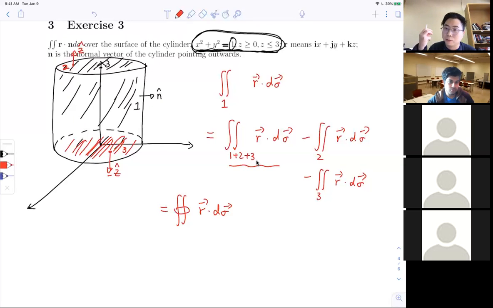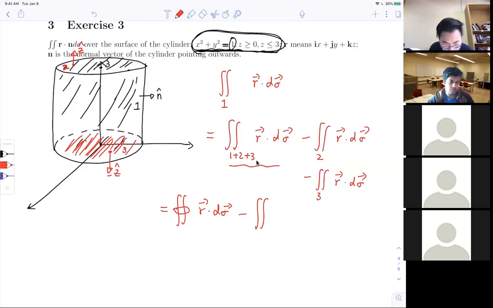When you want to make a closed surface integral, you always want the normal vector of the surface pointing outwards. So for the bottom disk, pointing outwards means pointing downwards, the minus z direction.